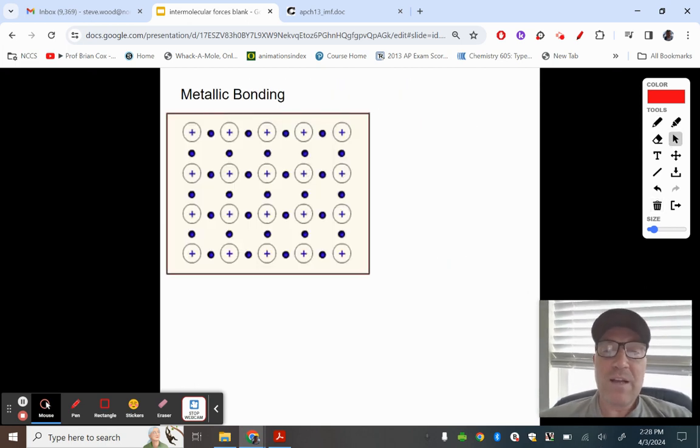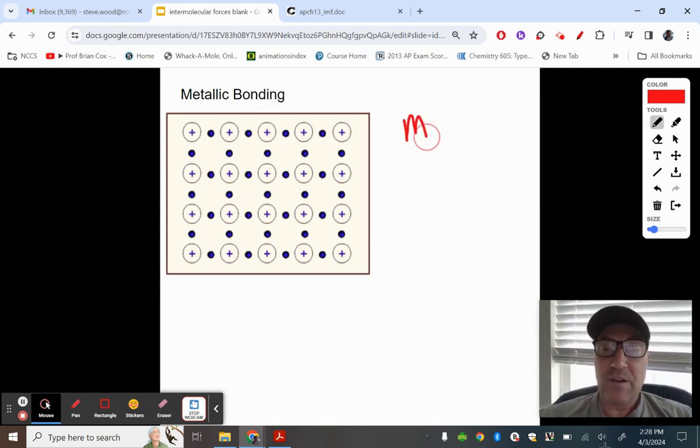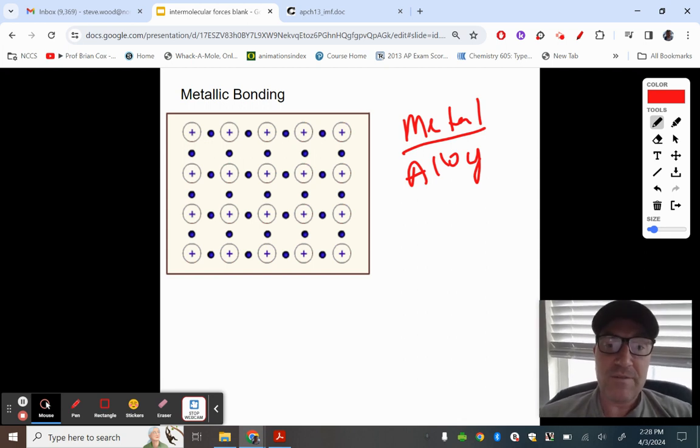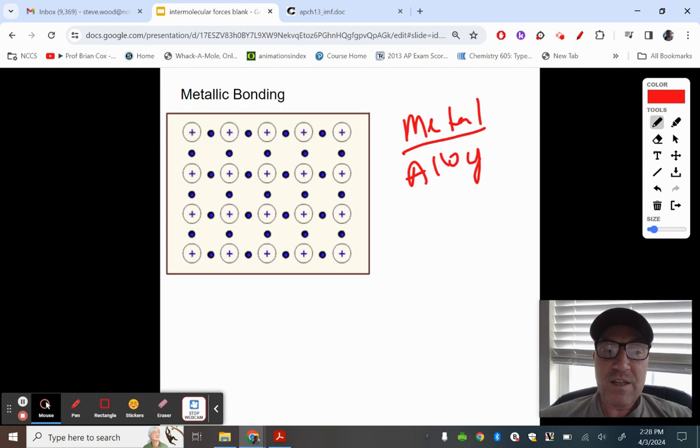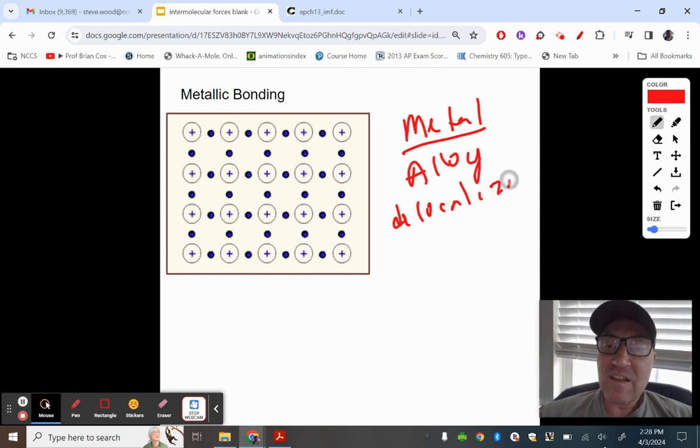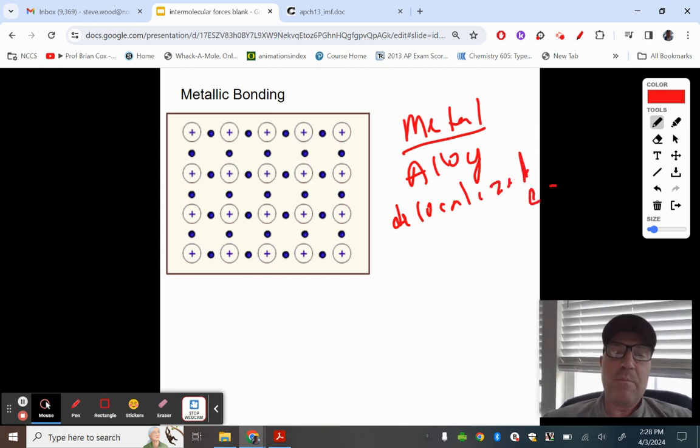Okay, now metallic bonding. I want to talk about this for a second. This is just if it's a metal. It could be a metal, it could be an alloy. First of all, this is an intramolecular force. Almost all the metals are solids, and the reason is that the bonds are so strong. What's unique about this is they have delocalized electrons, and I want to mention what that means.